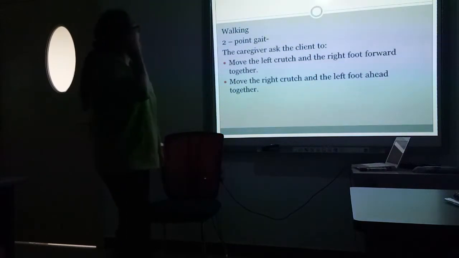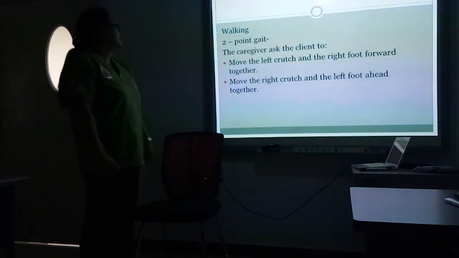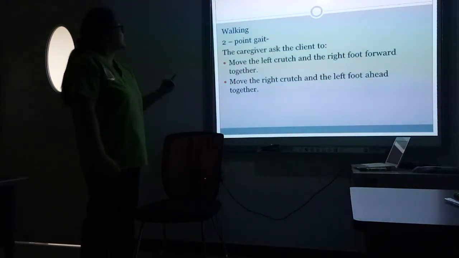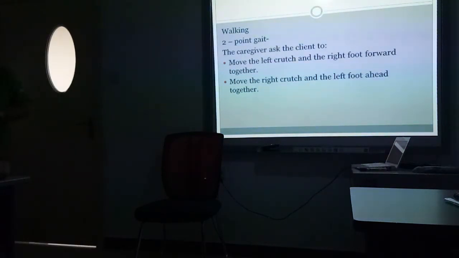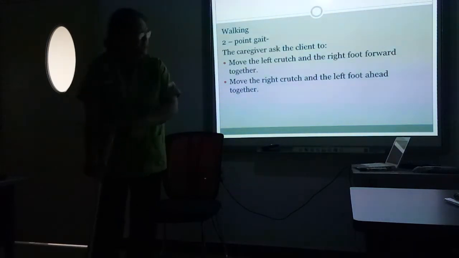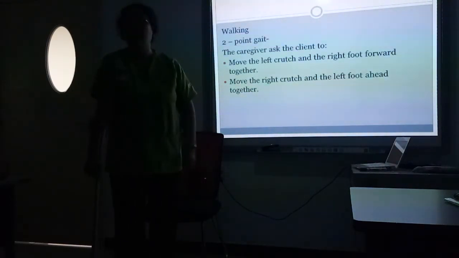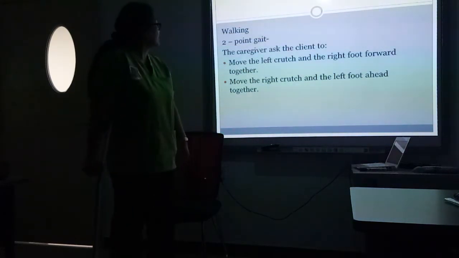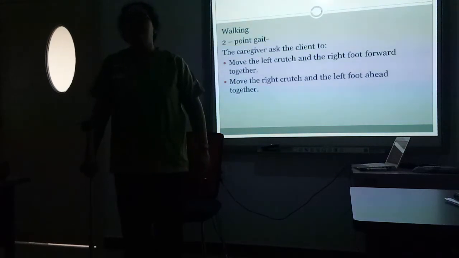Next, we have walking. We have 2-point gait. The caregiver asks the client to move the left crutch and right foot forward together. Okay. Sa 2-point gait, crutches. Okay? Ang left, okay? Ang right foot, parehas.